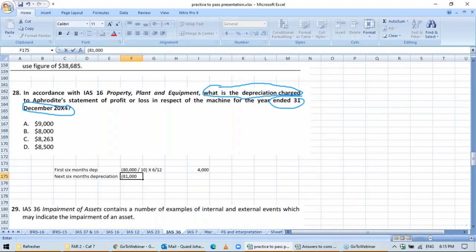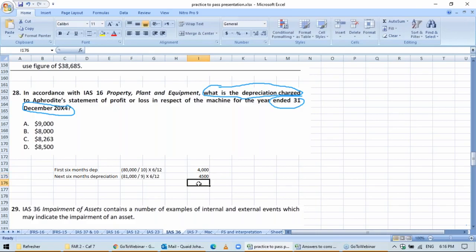So this revaluation occurs after 1 year's time, right? So now the revised amount 81,000 will have to be depreciated over 9 years, as 1 year has already gone. So now the depreciation will be calculated on the remaining life. So we'll divide by the remaining life, and again for how many months? For the 6 months time. So now it is 81,000 divided by 9 into 6 by 12.